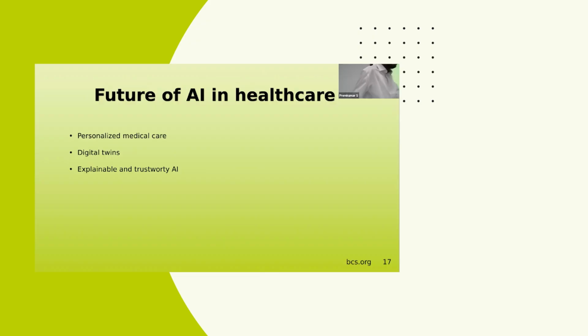AI can diagnose something and say why it diagnosed it in a particular way. This will increase the transparency in these models and create trust among physicians to enable them to use AI on a day-to-day basis.